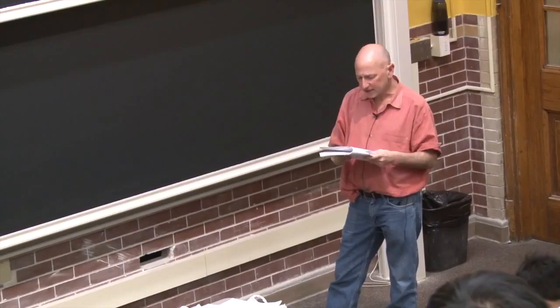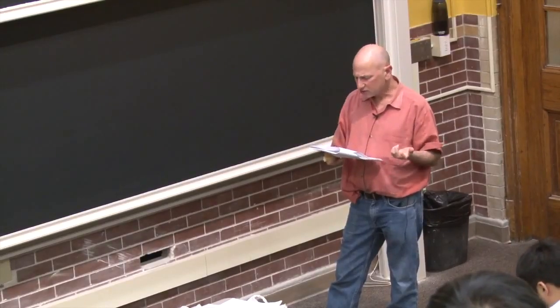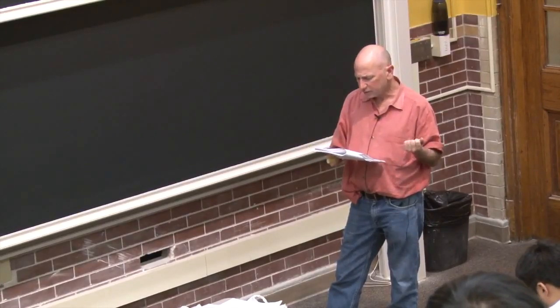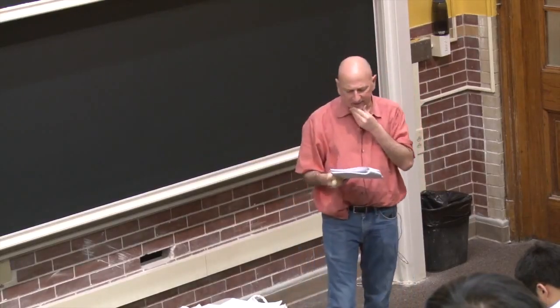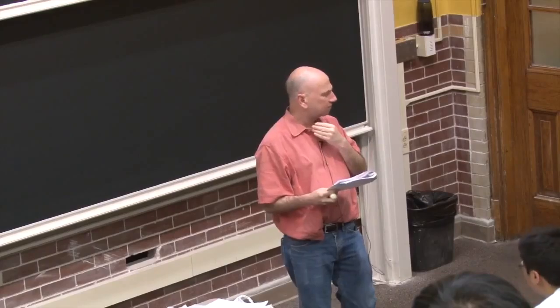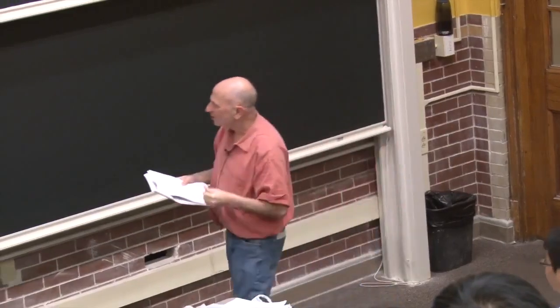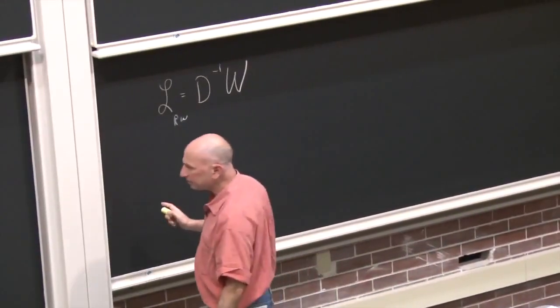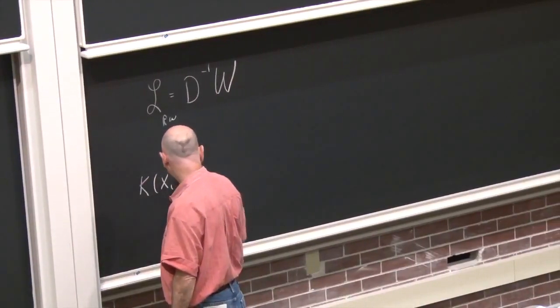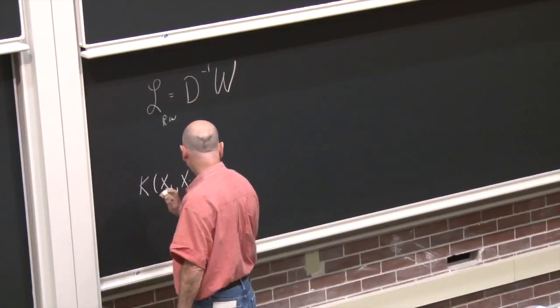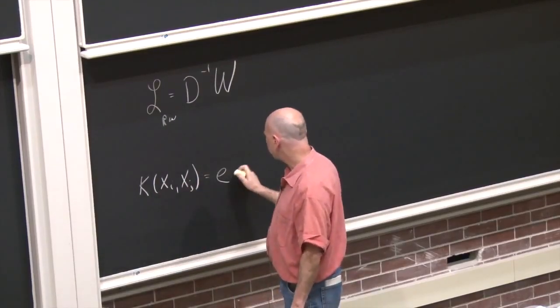The nice thing about this, and I think this goes back to Coifman, as far as I know, is that it has a very, very nice probabilistic interpretation. Remember that really what people use in practice is some sort of kernel. The 0-1 thing is not so useful in practice.